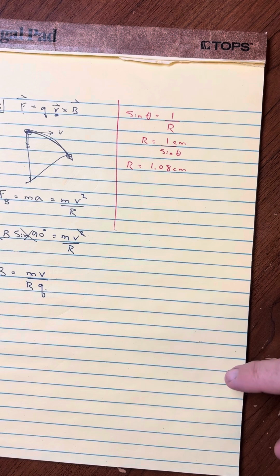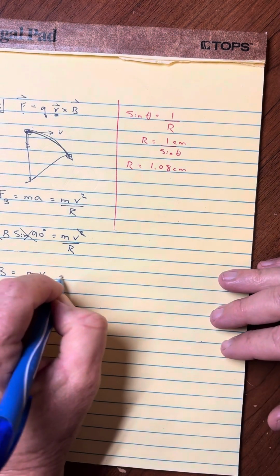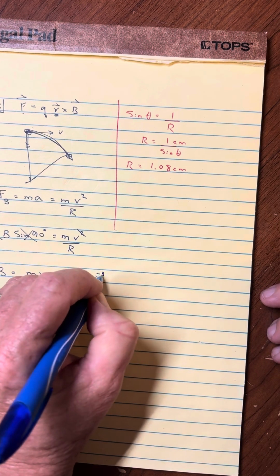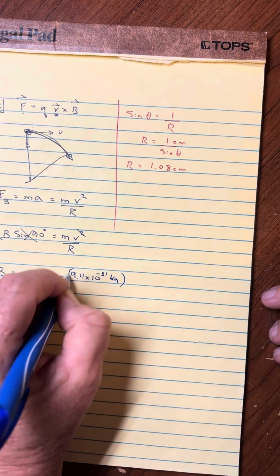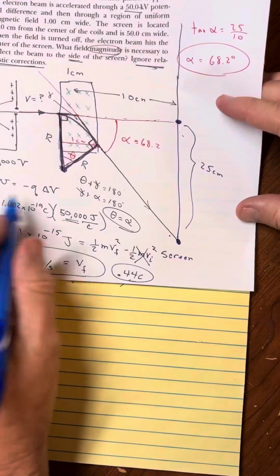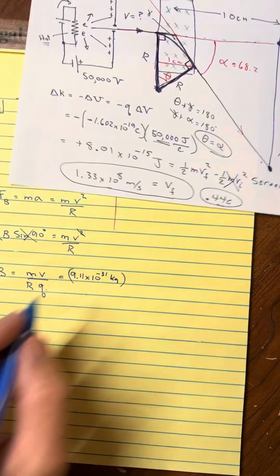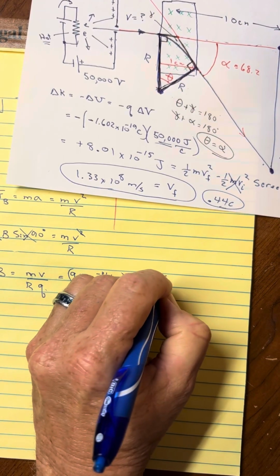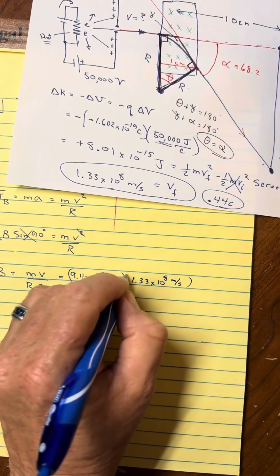All right, so now I have everything I need here. I can then put in the mass, 9.11 times 10 to the negative 31 kilograms. I can put in the speed that we did here using our conservation of energy, 1.33 times 10 to the 8th meters per second.